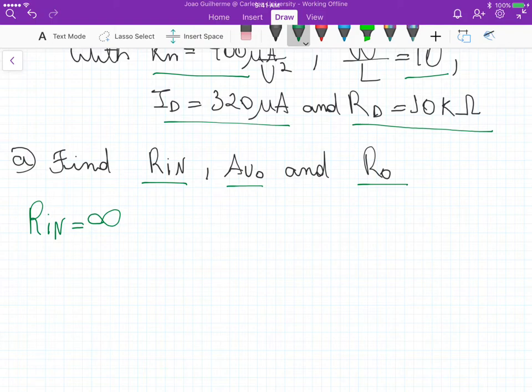That's one of the qualities of this topology, the common source amplifier. So that's the answer: it's infinite, because if we look at the circuit, the impedance is actually infinite. There's an analysis in the book that you can read if you want, but that's the result. So the input resistance is infinite.